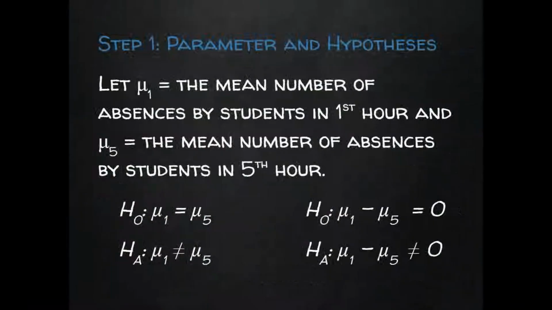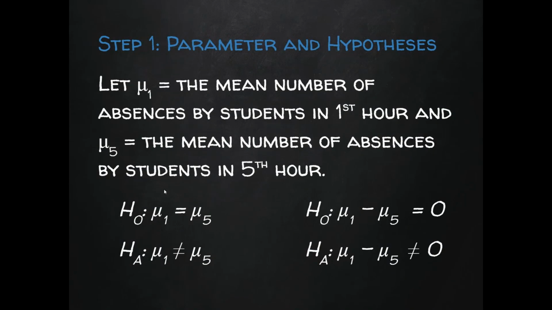Our first step is to set up our parameters and hypotheses. We're going to let mu sub 1 equal the mean number of absences by students in first hour, and mu sub 5 equal the mean number of absences in students in 5th hour. Now we have 2 options for setting up our hypotheses.